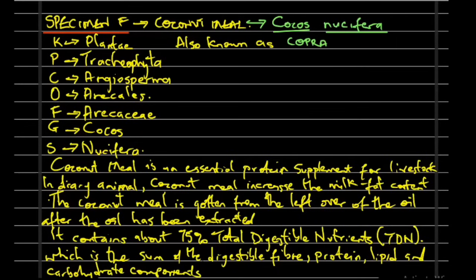That is how we get the total digestible nutrients. So all of these are gotten from this food, and it is useful for beef cow rations that are primarily forage. That is basically one of the uses here.